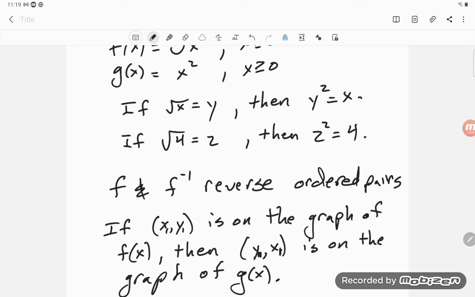I've got y equals the square root of x. Here, we wouldn't typically say y squared equals x. We would say x squared equals y, or y equals x squared.